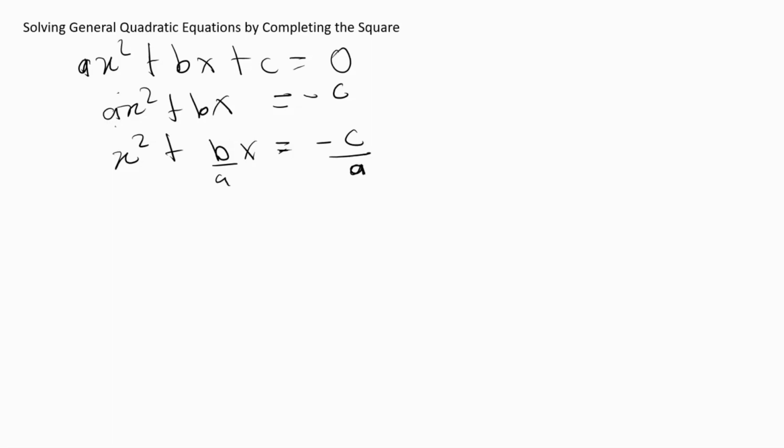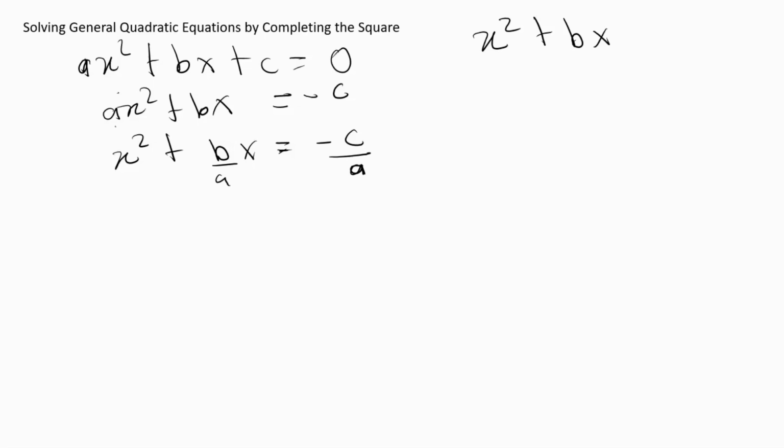Right? So where do we go from here? Now we know that we're in this format, where with x squared, in this case, our b is b over a. So this is still a constant, and this b is a constant.